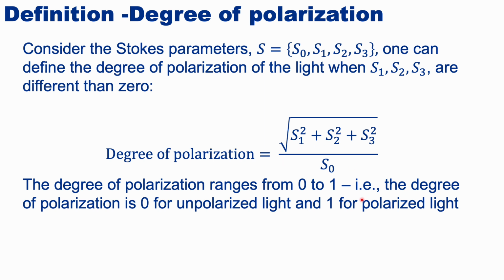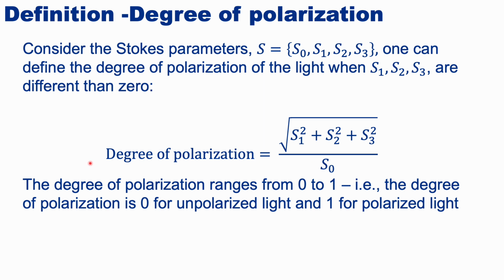When you define your Stokes parameters, there are 4 different values, right? So you can talk about the degree of polarization, which is going to be the square root of S1 squared plus S2 squared plus S3 squared, divided by S sub 0. And remember, S sub 0 is the total intensity of your light source.